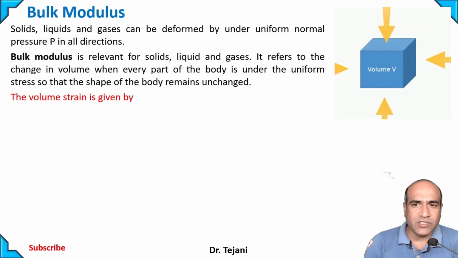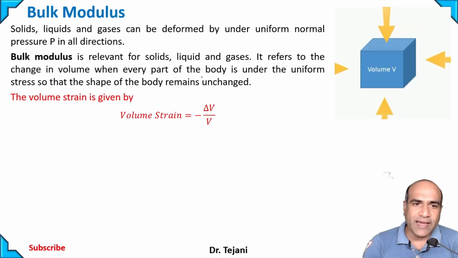See, first we need to understand what volumetric strain is. We know that strain means the change of length to the original length. But when it comes to volumetric strain, we consider the change of volume. There may be a decrease of volume or an increase of volume.